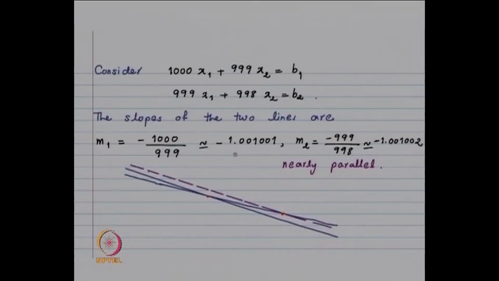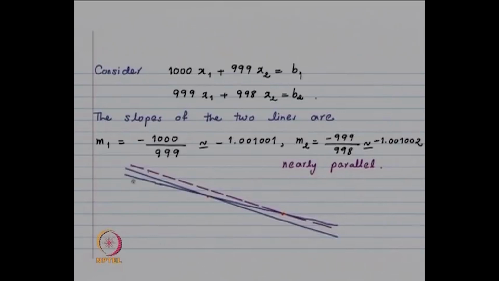So, the first slope is about minus 1.001 and the second slope is minus 1.001002. That means the two straight lines are nearly parallel.